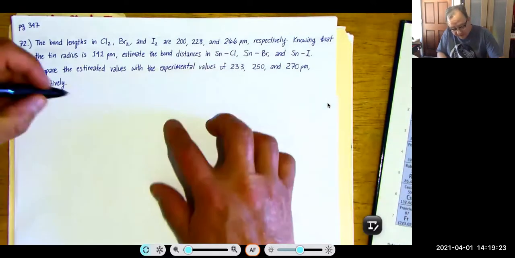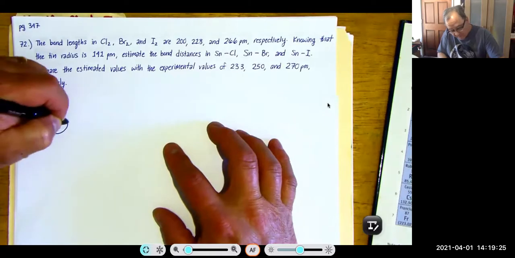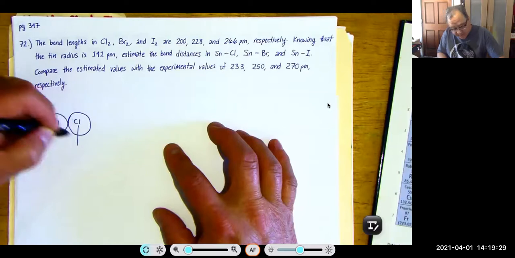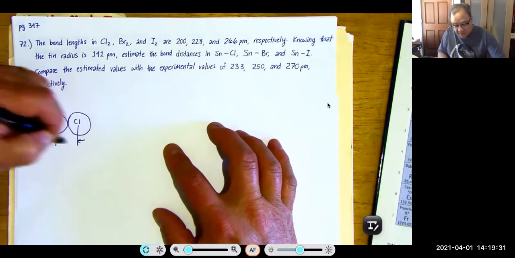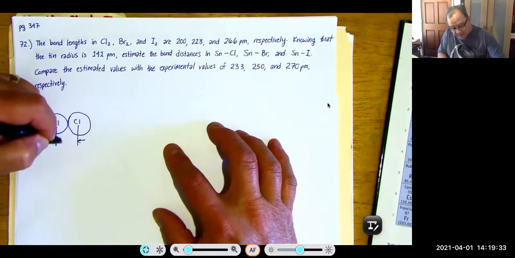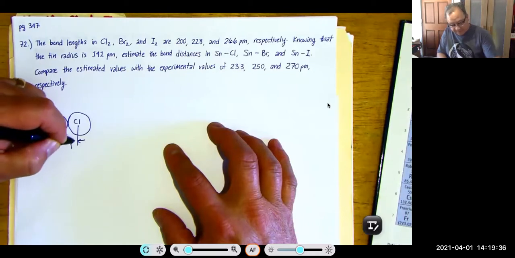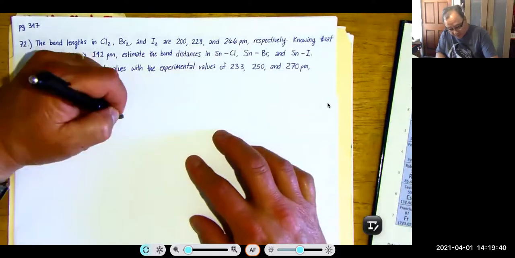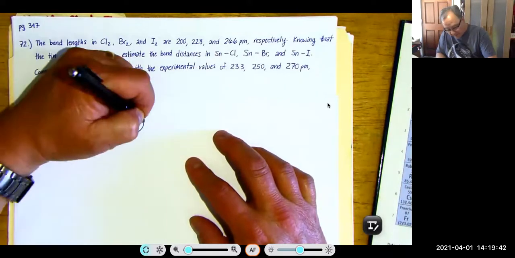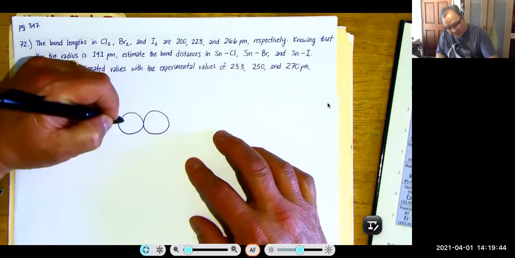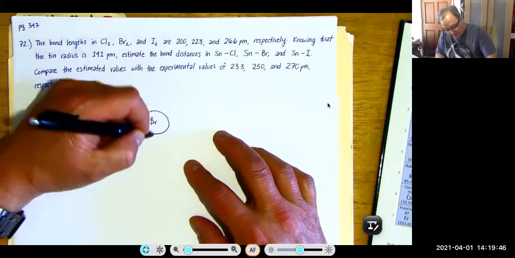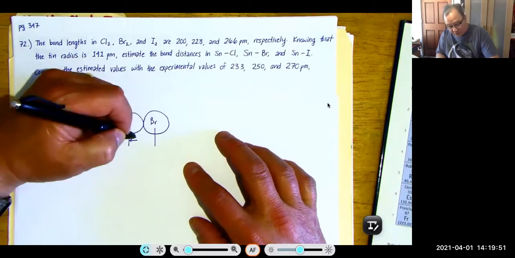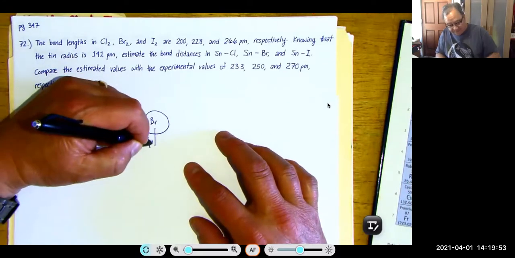So here is chlorine. We have two chlorines, and this is considered to be the bond distance right here. So that's 200 picometers. Now for bromine, it's 228, so we're going to draw atoms that are a little bit bigger. This is a bromine and this is a bromine, and this distance is going to be about 228 picometers.